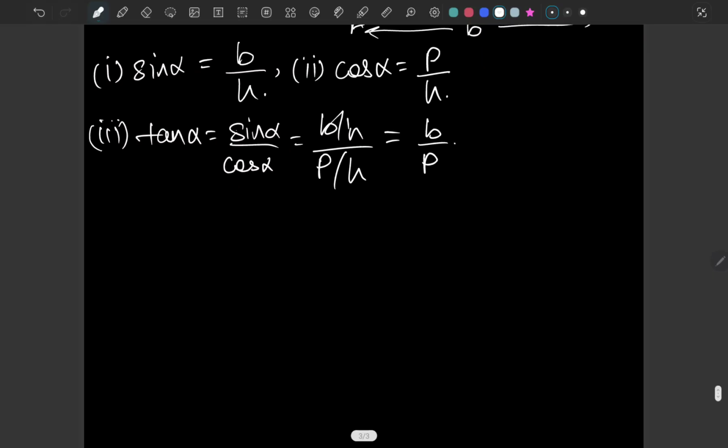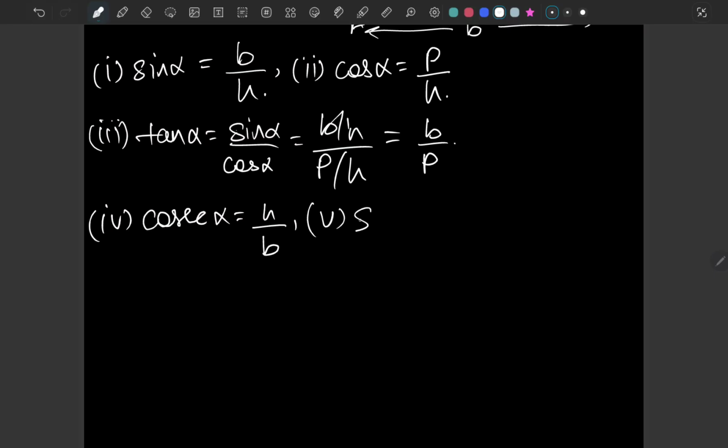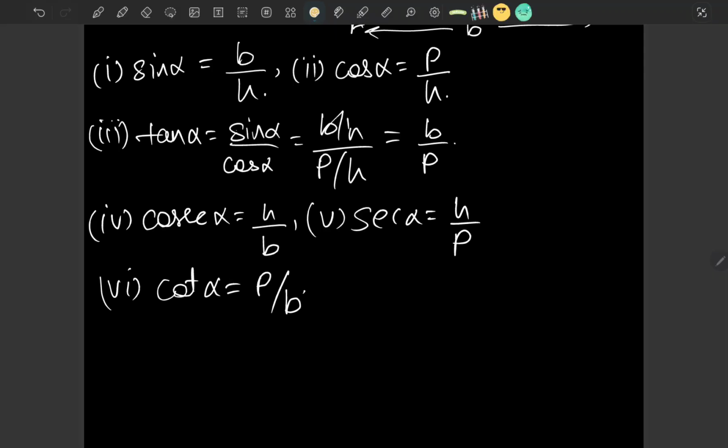Similarly you can proceed with the rest of the trig functions: cosecant alpha is going to be h over b, and secant alpha is going to be h over p, and the sixth one, cotangent alpha, is going to be p over b. Yeah, exactly, that's it.